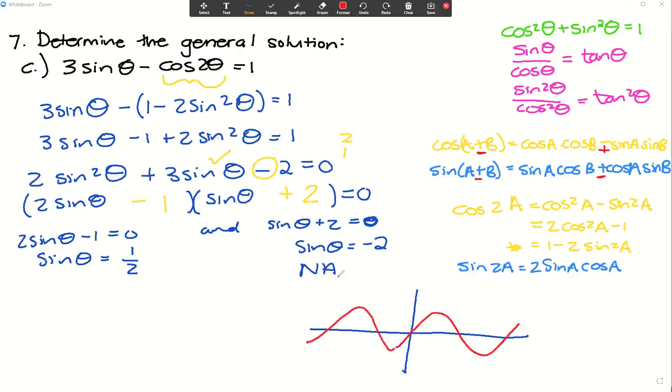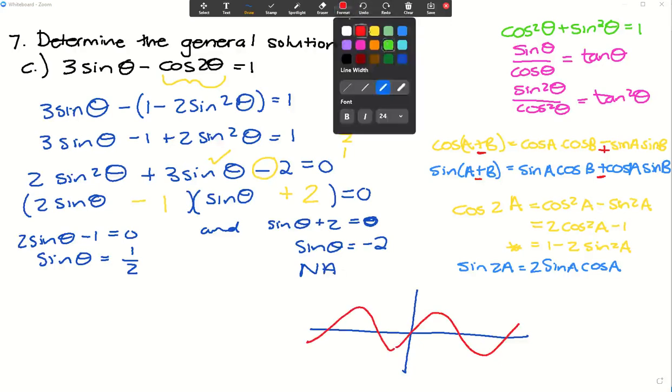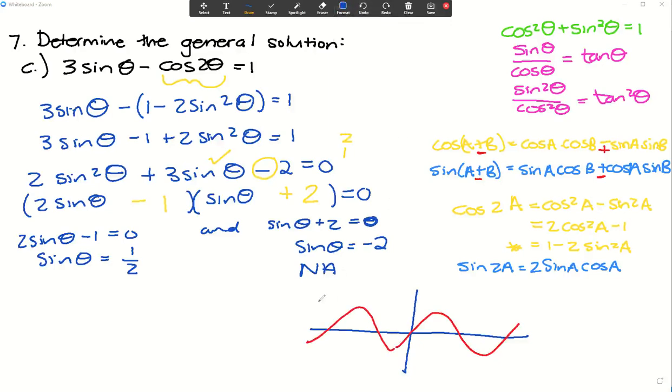What I want you to understand is that this sine graph, sine x or sine theta or sine y, does not go beyond 1 or minus 1. So now it's telling me that sine theta is equal to minus 2. It can't be minus 2. It doesn't get there. It stays between 1 and minus 1. Therefore, minus 2 is not a valid solution.